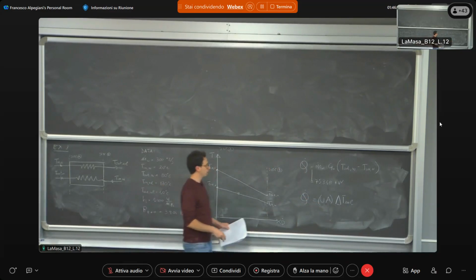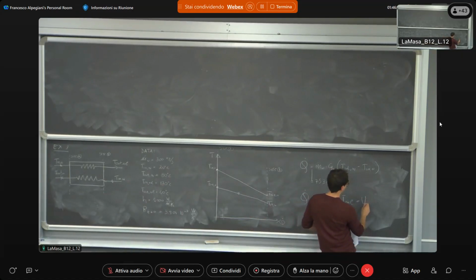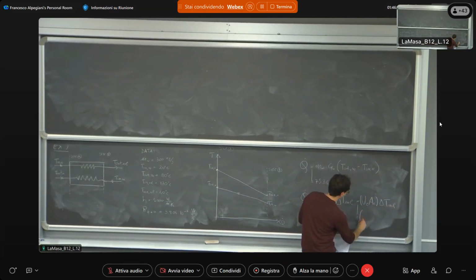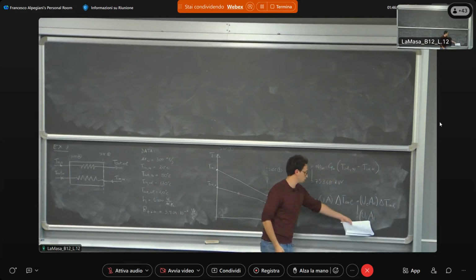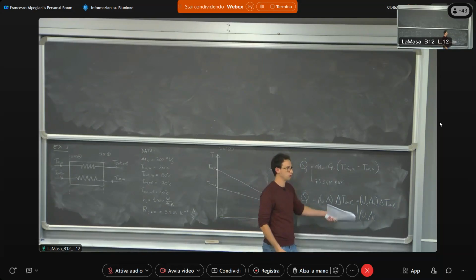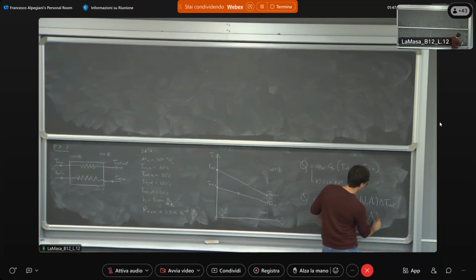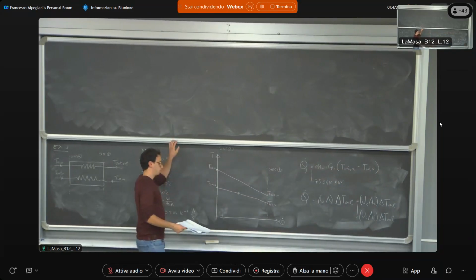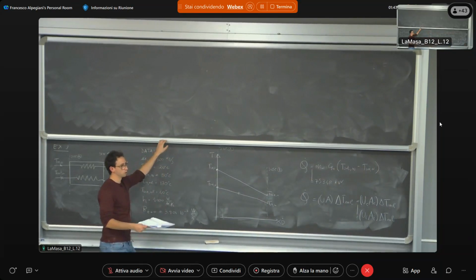So this is valid if you use, for example, the global transfer coefficient referred to the external area times the external area times delta T ml. But this is also equal to Ui times Ai, which is the internal area of the heat exchanger, and the global transfer coefficient related to the internal area, times delta T ml. So be careful when you use this formula to use the global heat transfer coefficient and the area correctly.